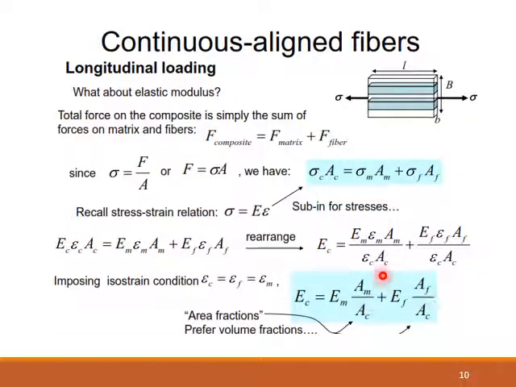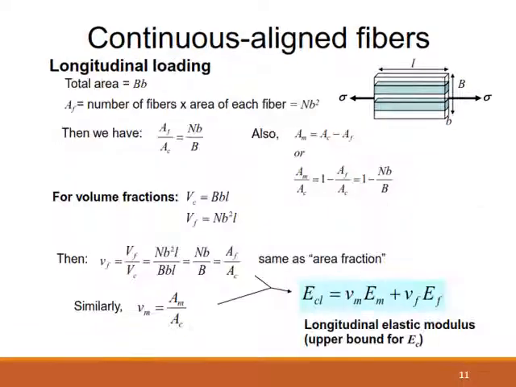Now you see this AM over AC is an area fraction of the composite, which can also translate to the volume fraction. I don't want to bore you with all of this. All of this expression is trying to express the cubic structure here in terms of area fraction, and convert it to volume fraction.